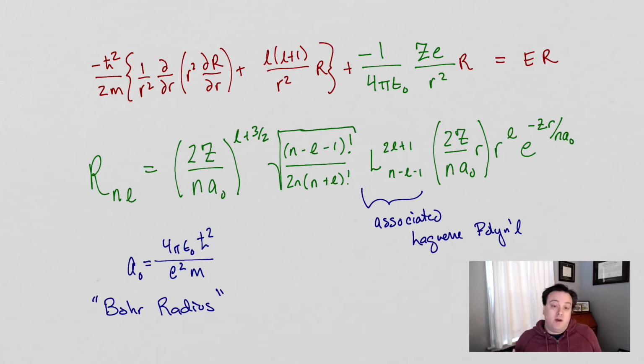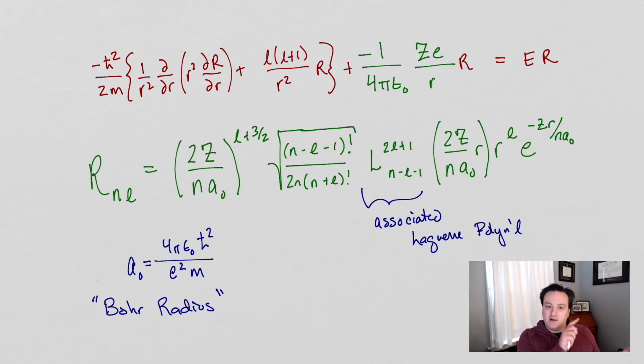If I wanted to look at what those solutions look like, and now I think you'll understand, looking at this page, why I chose not to do this out in this video, I can write down the full solution. This is just the radial part of it.